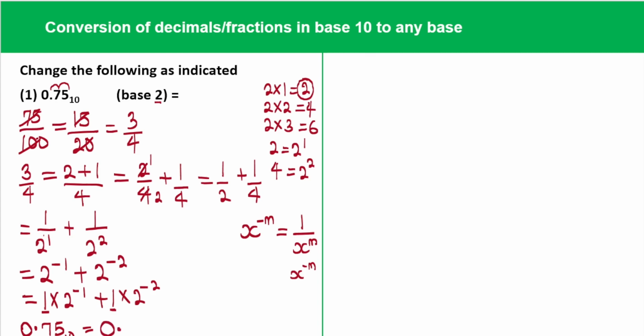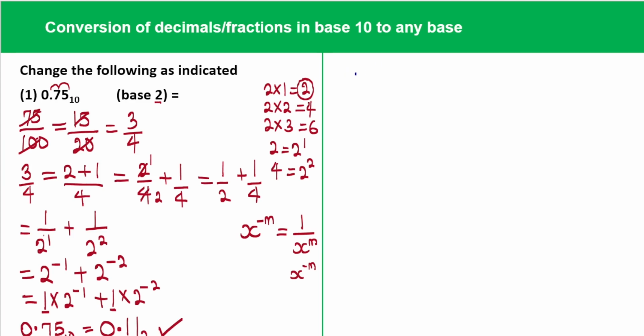Therefore, we have 0. While the .75 in base 10 will now be replaced with 11 base 2. 0.75 base 10 is equal to 0.11 base 2. This is our answer for 0.75 base 10 when converted into base 2.